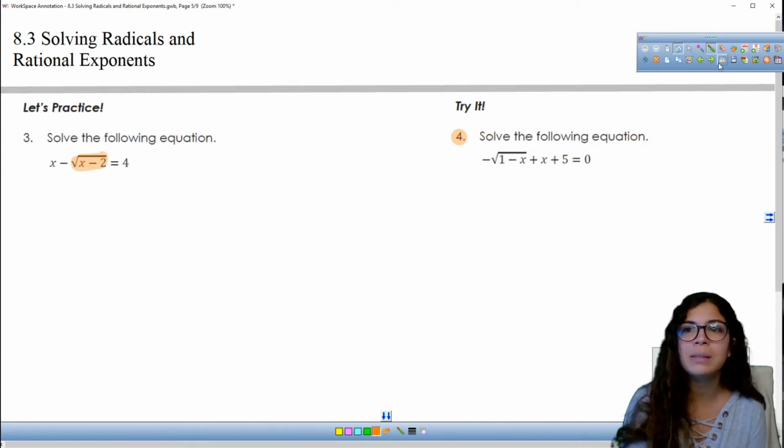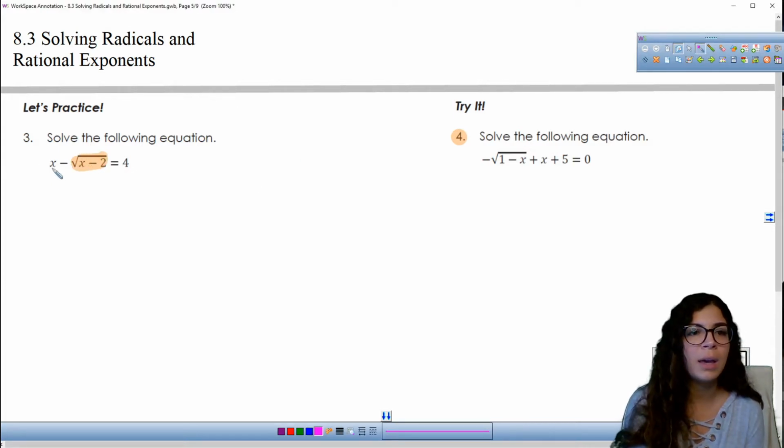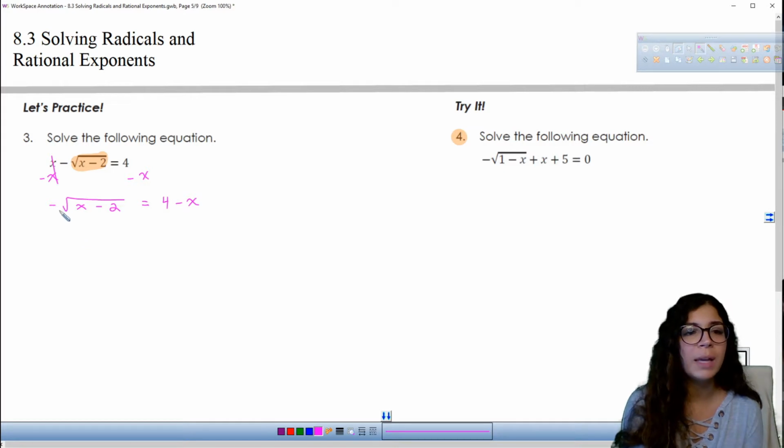Okay, so that means I need to get rid of the x. So I'll subtract x on both sides to bring that to the right. So now I have negative square root of x minus 2 equal to 4 minus x. All right, next I also have a negative 1 in front. So that's obviously multiplying to that radical.